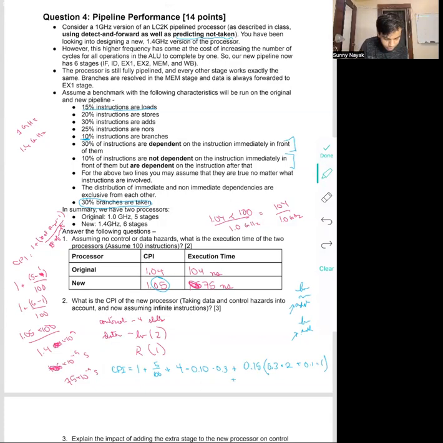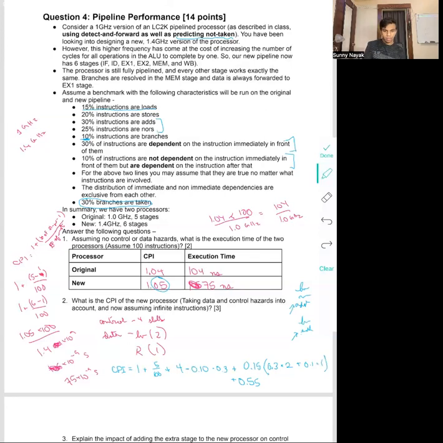And then lastly, sorry, I know it's getting a little bit messy, but lastly, we're going to have data hazards associated with R-type instructions. So that's going to be adds and nors. Remember, stores don't update a register, and so they're not going to result in data hazards. So each of those are going to take the same time. So 55% of my instructions are adds or nors.